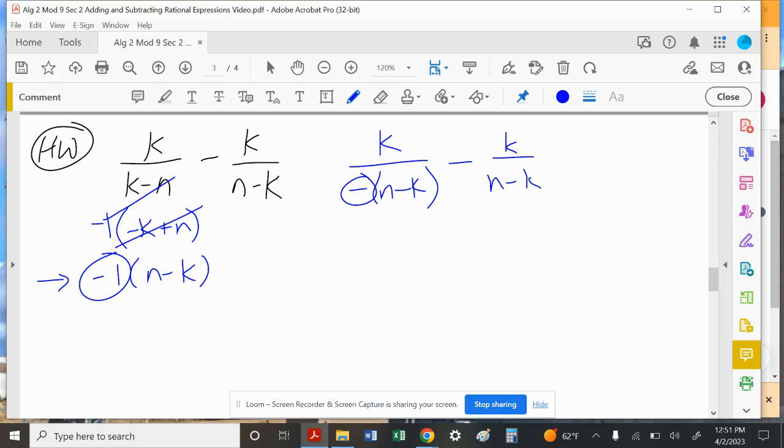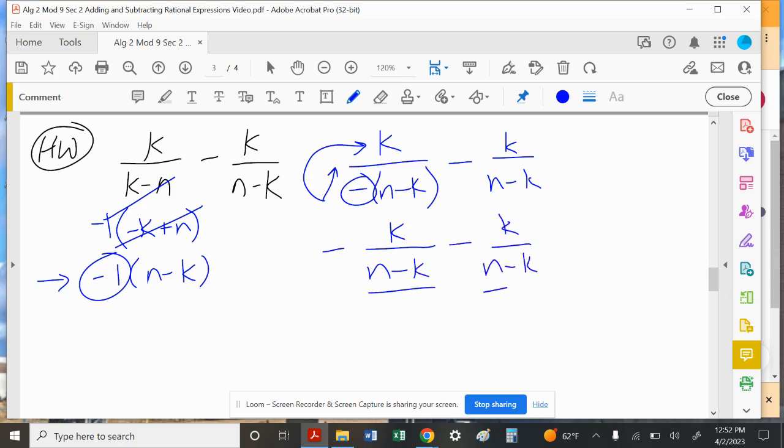And normally we don't put the negative in the denominator. You can either move it to the numerator or you can move it out in front. I'm going to move it out in front. So I have negative k over n minus k minus k over n minus k.